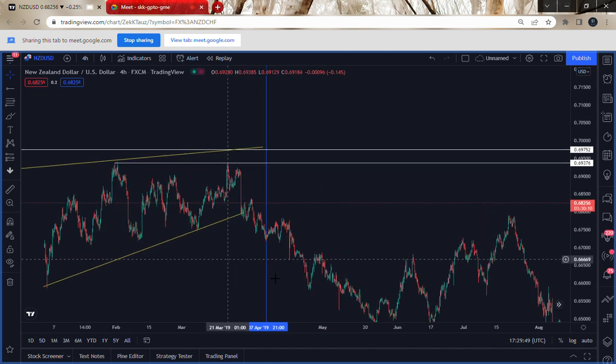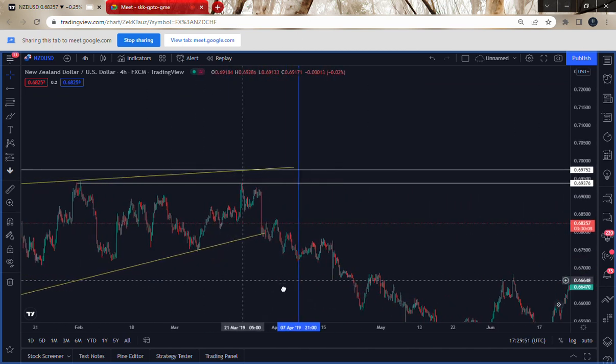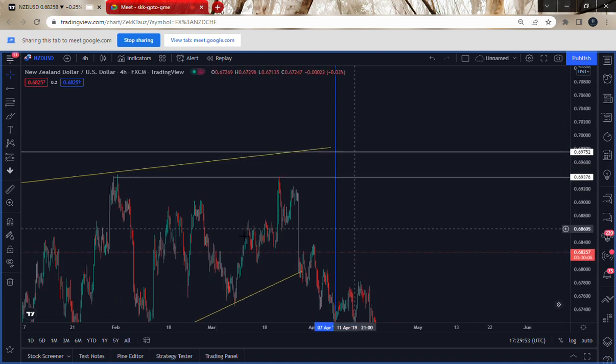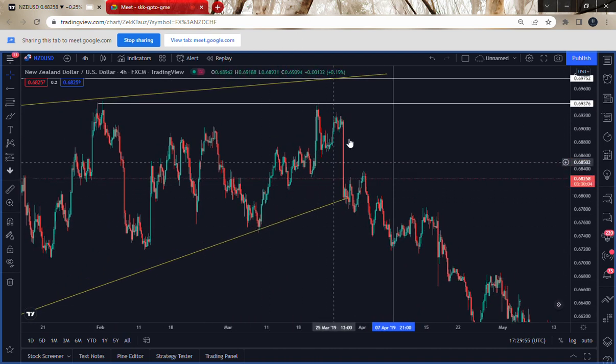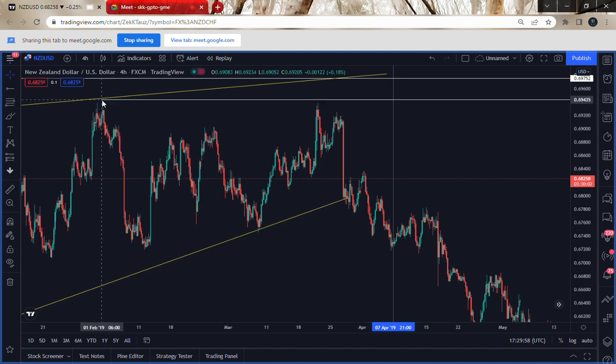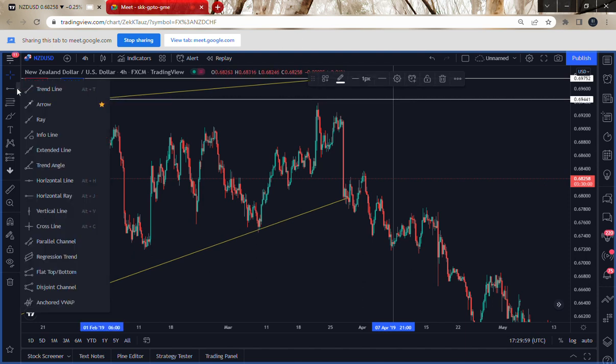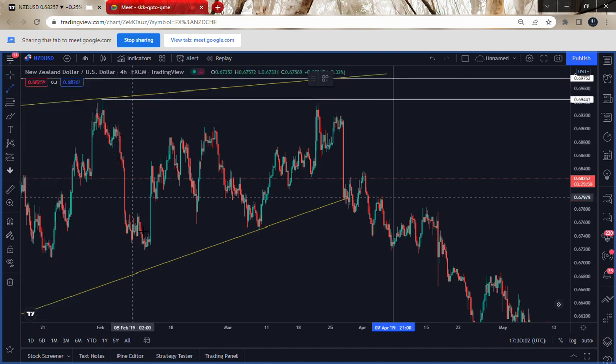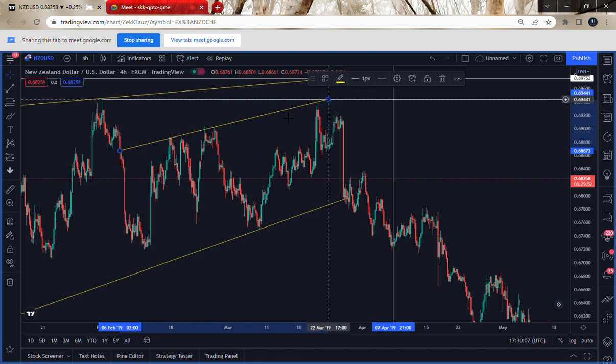Okay, so now what I want to focus on is the last part of my structure. What is actually happening here? How did price get to this double top formation up there? So now what I can see is that we had this impulse to the downside, and then we have this big correction that's been happening, right? This is just a big correction.